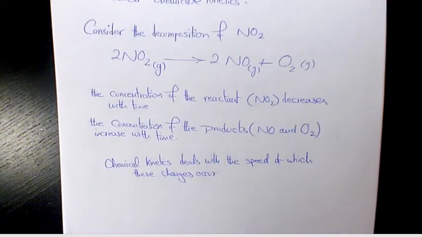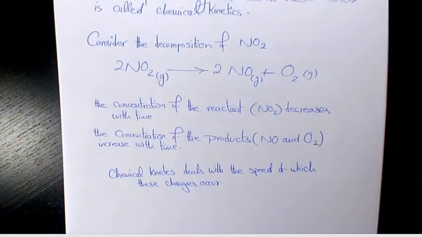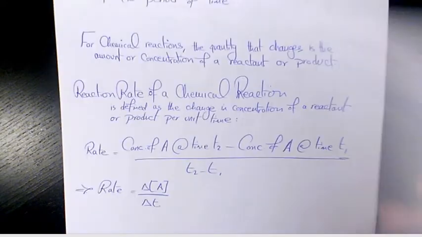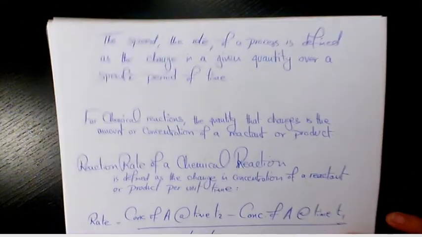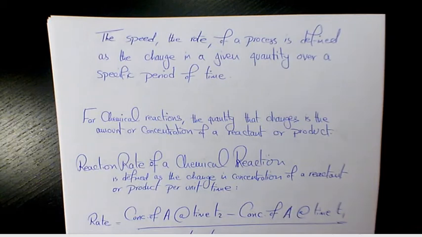So chemical kinetics deals with the speed or rate at which these changes occur. So the speed of reaction or rate of reaction is really related to the speed at which these concentrations are changing. Sometimes you are dealing with concentration of reactants, sometimes you are dealing with concentration of products. The speed or the rate of a process is defined as the change in a given quantity over a specific period of time.